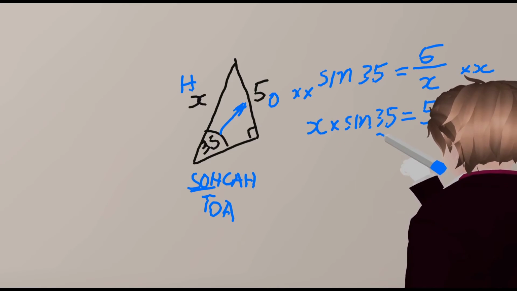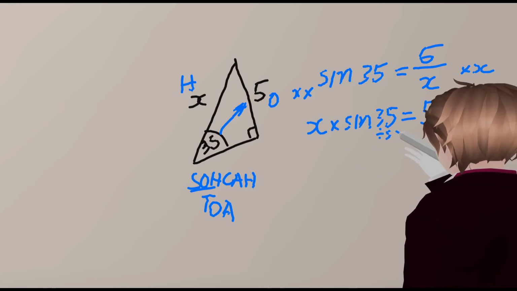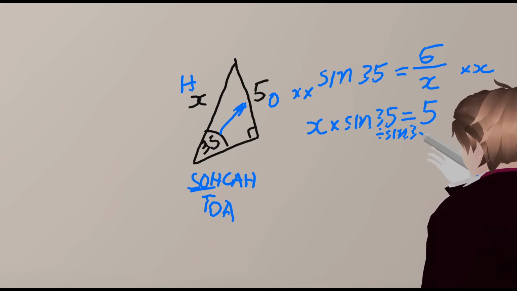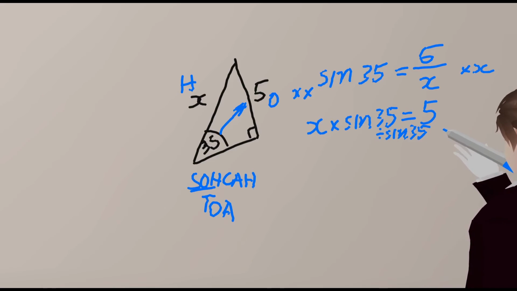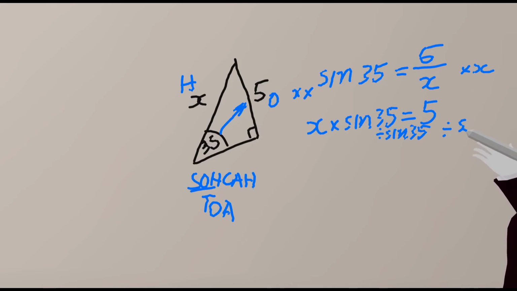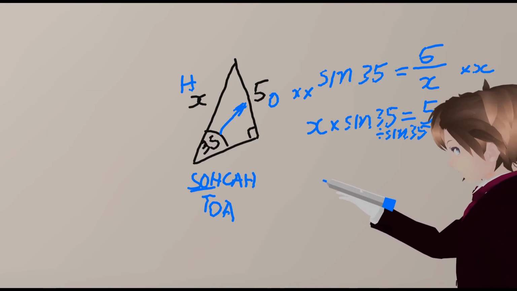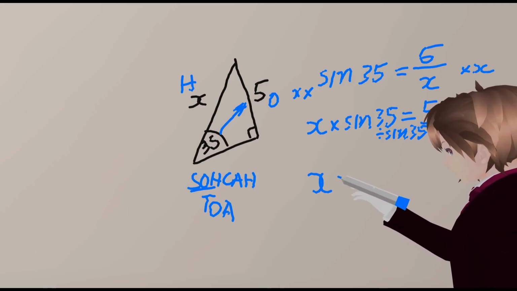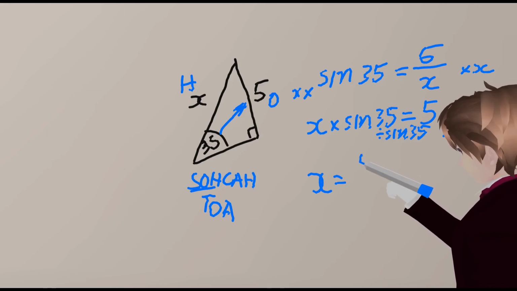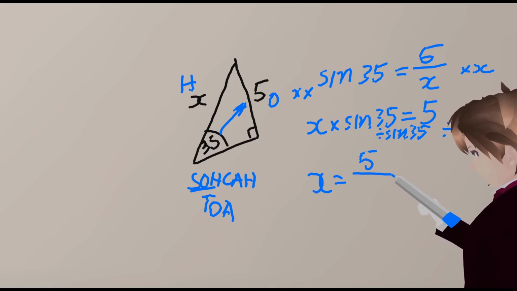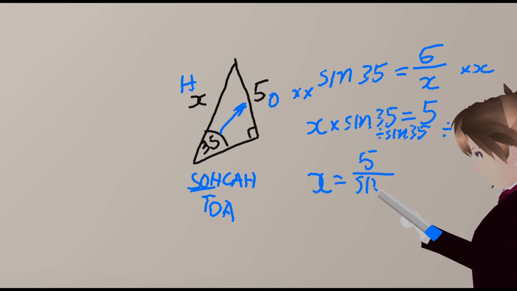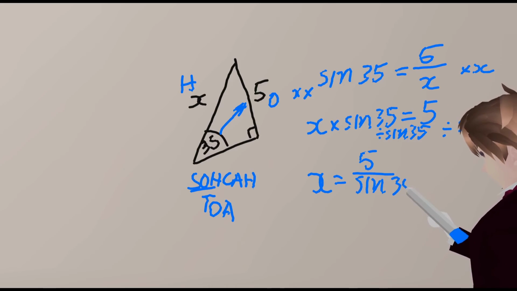So we're going to divide both sides by sine 35. And we end up with x is equal to 5 over sine 35.